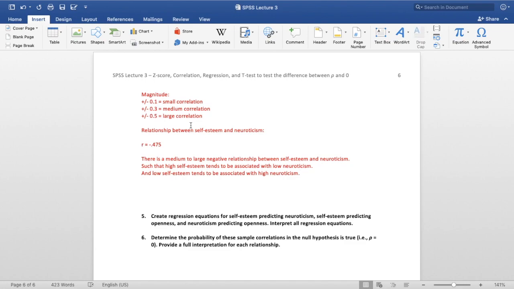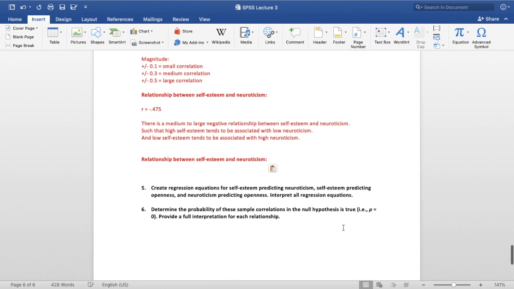Okay, that's good. So that's the interpretation for the correlation between self-esteem and neuroticism.